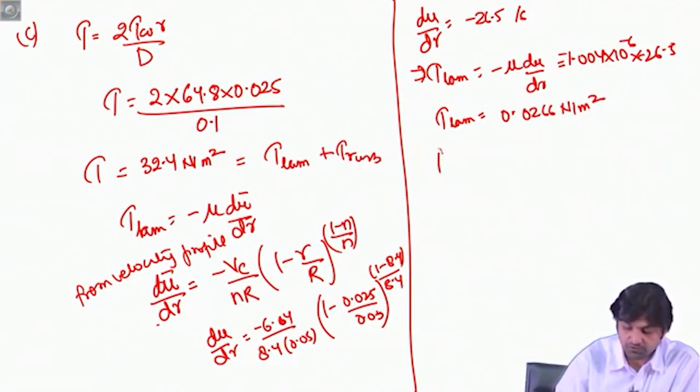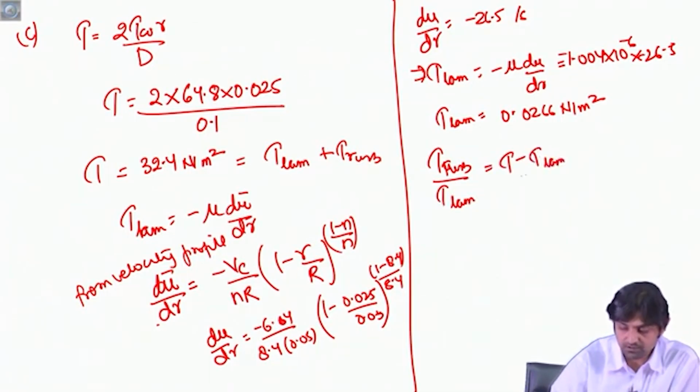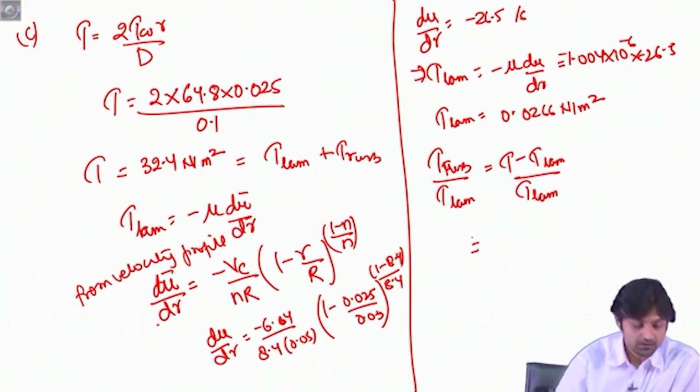So, ratio of tau turb to tau laminar will be tau minus tau laminar divided by tau laminar. All right.